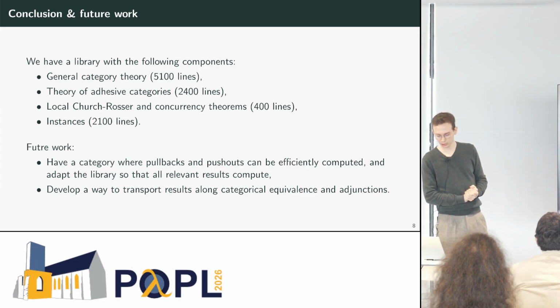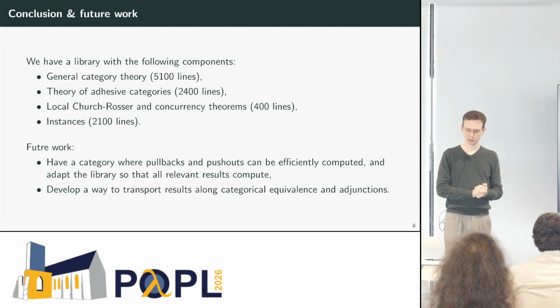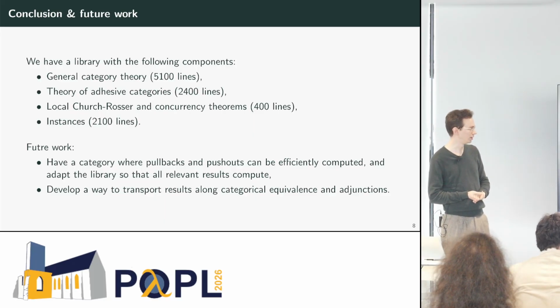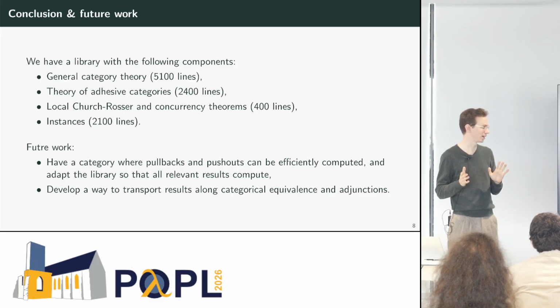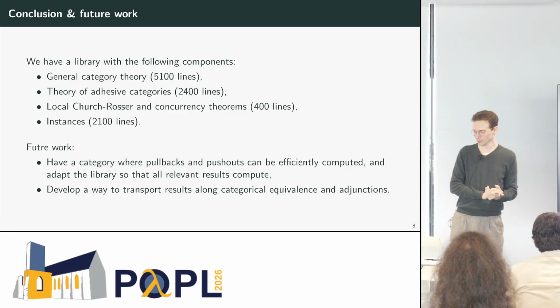For future work, we would like first to have a category where we can compute pullbacks and pushouts efficiently and adapt the whole library so that the relevant results can compute.